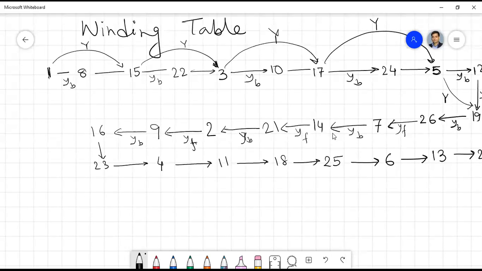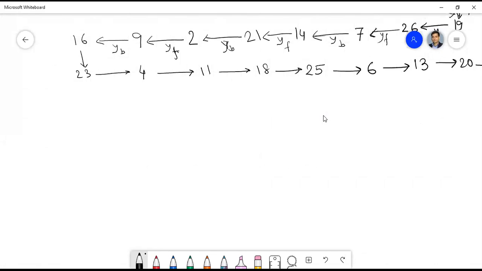Before that, we should know why that difference exists, that means why the voltages are different in different parallel paths in a lap winding.